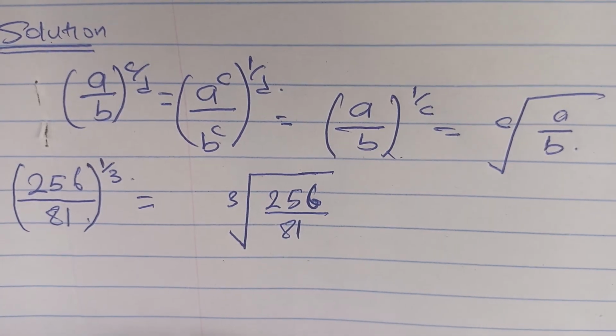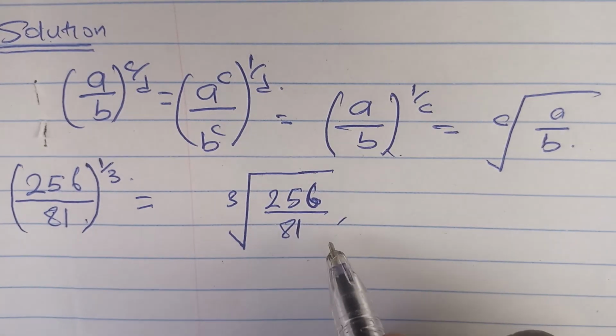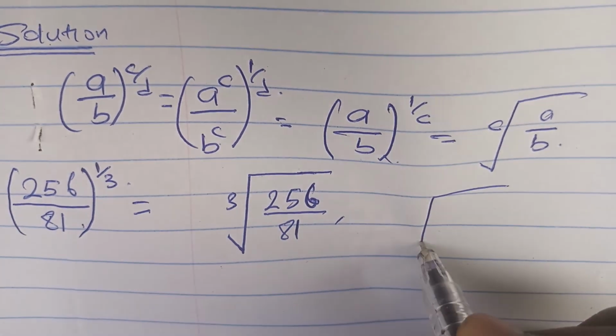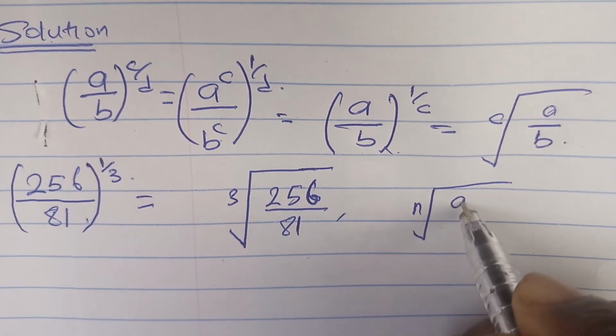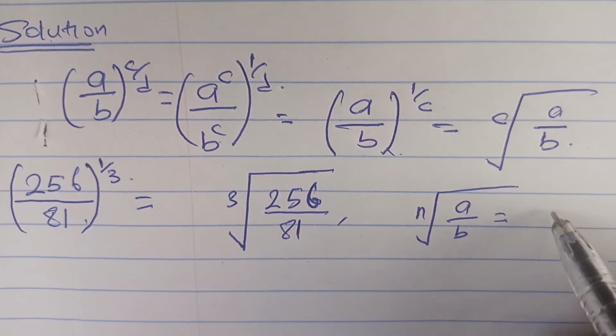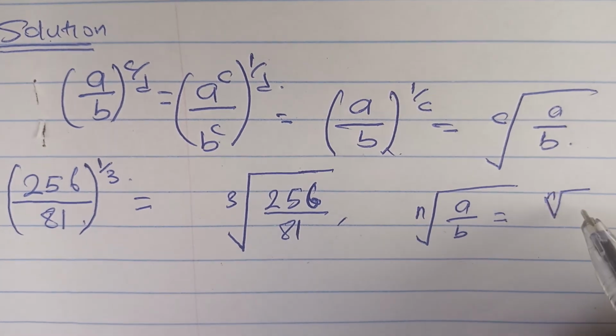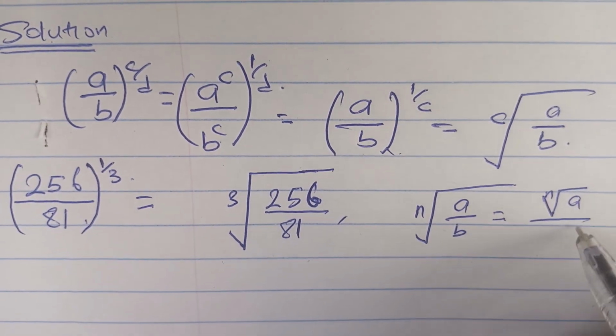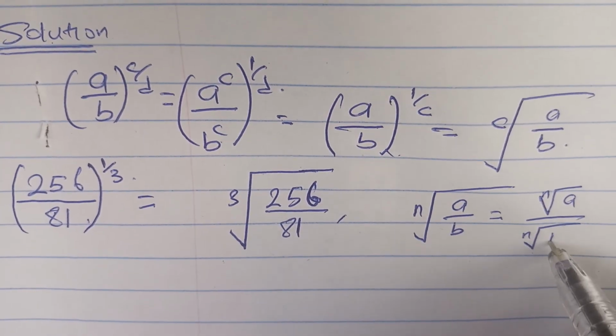We are going to apply another rule which says if you're having the nth root of a over b, it is also equal to the nth root of a over the nth root of b.